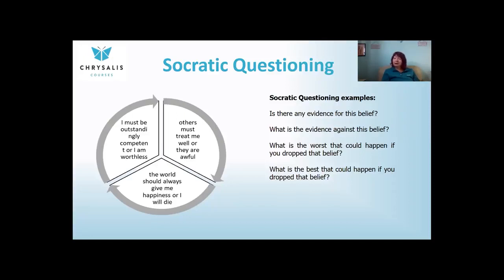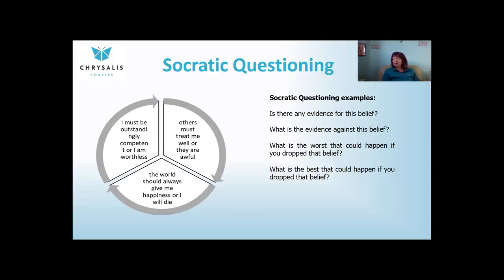What's the evidence against this belief? Well, maybe she's had other relationships that have worked. Not everybody in her life will have left her. So we look at the evidence against the belief. Well, what's the worst that could happen if you dropped this belief? Well, you'd probably be a lot happier if that belief was dropped, and you'd have more faith in the boy, and she wouldn't become clingy or needy or accusing.